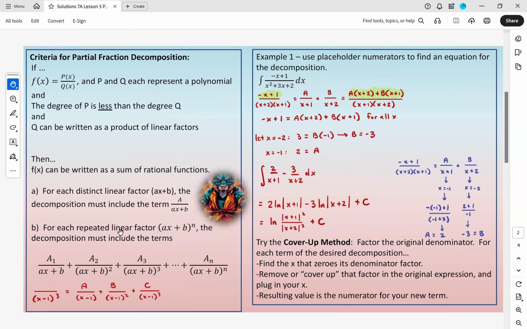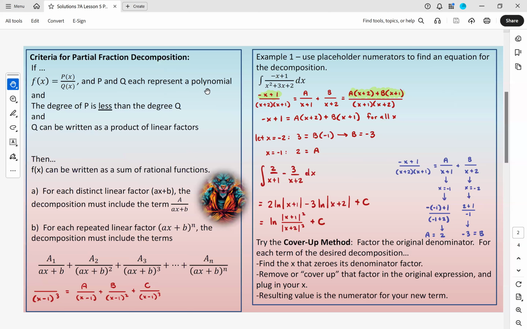Criteria. As with all of our strategies in this chapter, it's important to be thinking about when you would use it as opposed to something else. Here's the criteria for partial fraction decomposition. You're looking to integrate something that has a fractional form. Both the numerator and denominator are polynomial in nature.